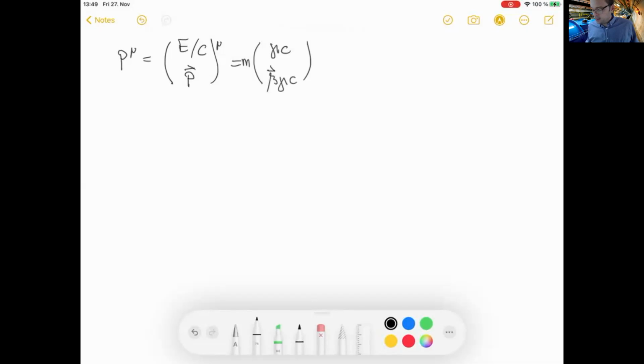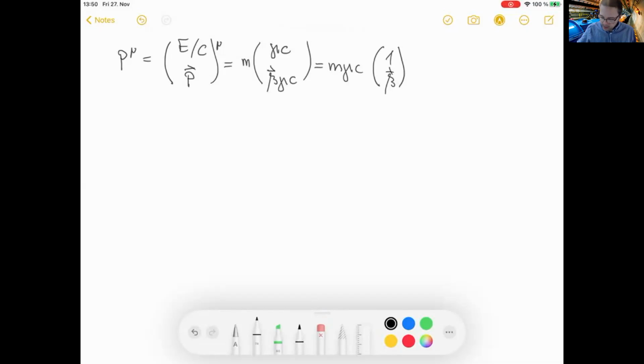I'm essentially giving you now all the ways in which we can write a relativistic four momentum. So we can continue writing this as m gamma c times 1, and the spatial components would be beta.